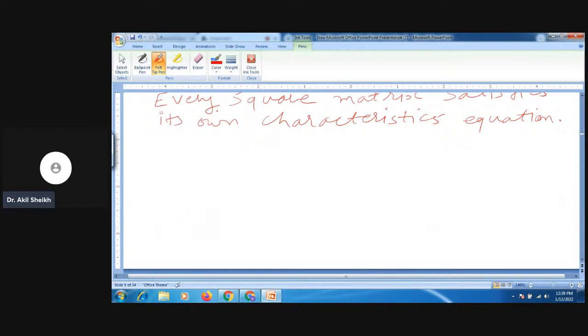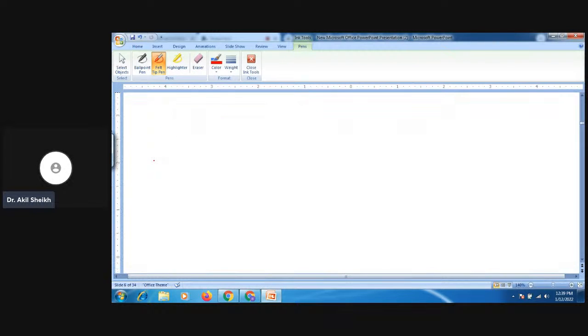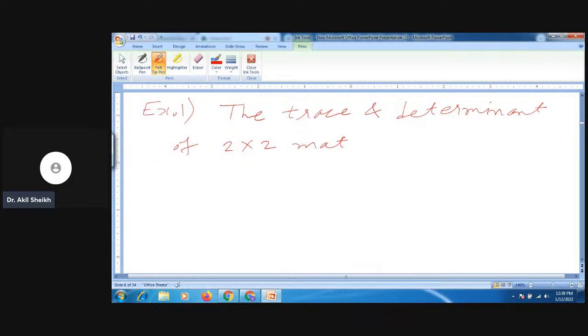First example, the trace and determinant of a 2 by 2 matrix are known to be -2 and -35 respectively.